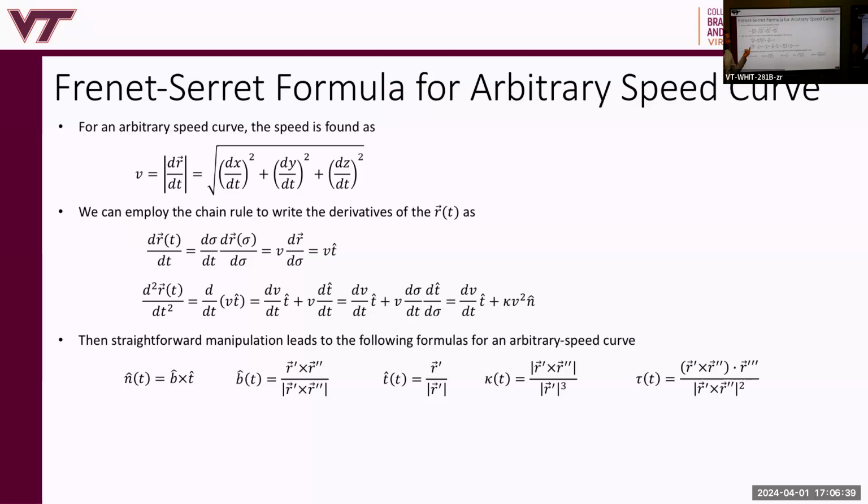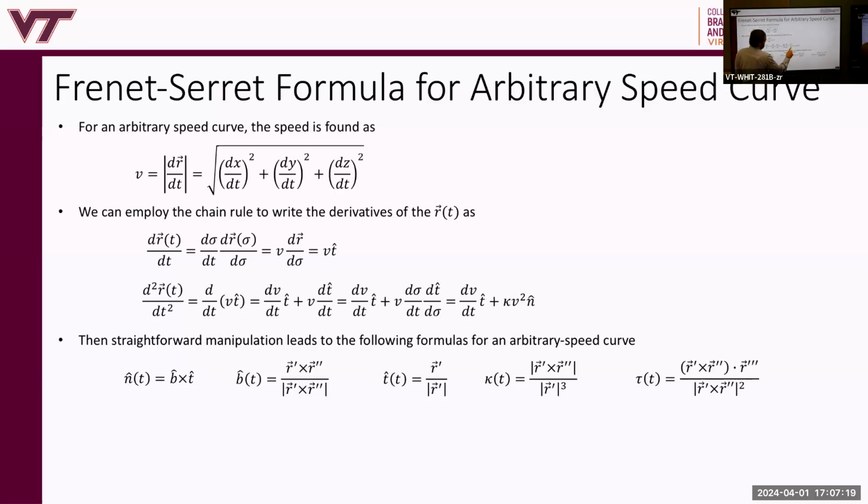Okay, good. Let's get the second derivative now. So we need to differentiate this. So d2r/dt squared is equal to d/dt of v T hat, because v T hat is equal to dr/dt. Then we can use the product rule here. So dv/dt times T hat plus v times dT hat/dt. That first term stays the same. But now we're going to introduce what dT hat/dt is. We're going to use the chain rule here, right? So we're going to introduce d sigma. So d sigma/dt multiplied by dT hat/d sigma, and we still have the velocity there.